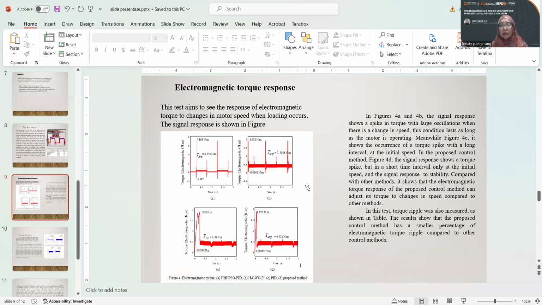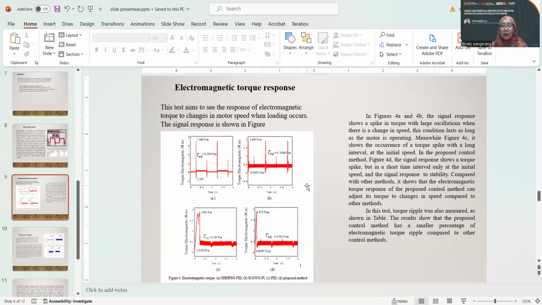In figure 4C, it shows the occurrence of a torque spike with a long interval at the initial speed. In the proposed control method, figure 4D, the signal response shows a torque spike, but with a short time interval only at the initial speed, and the signal response then stabilizes.